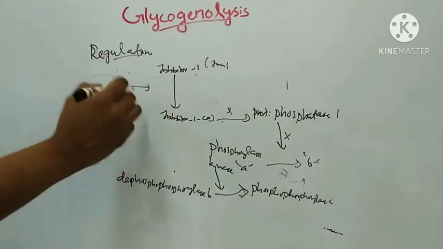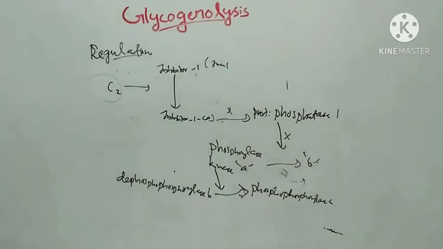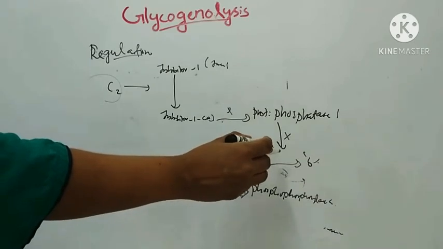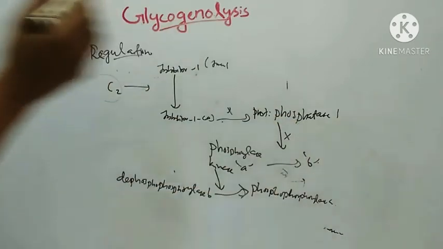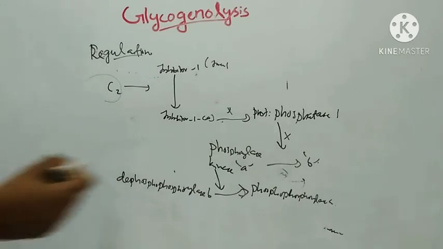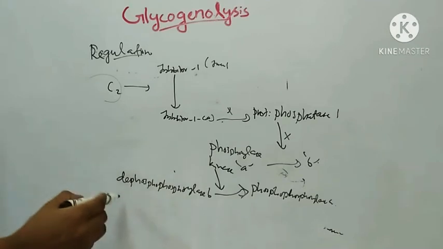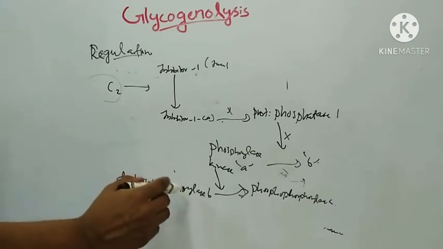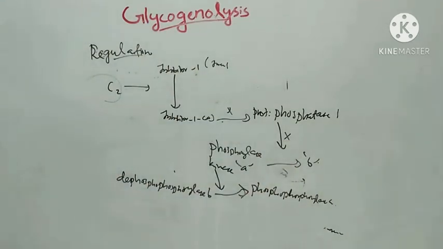This active inhibitor 1 phosphate inhibits protein phosphatase 1, which in turn cannot convert phosphorylase kinase A to phosphorylase kinase B. This phosphorylase kinase A in turn phosphorylates phosphorylase B to phosphorylase A. That is the activation of inhibitor 1.